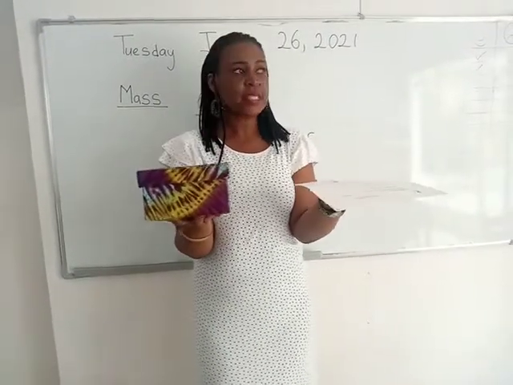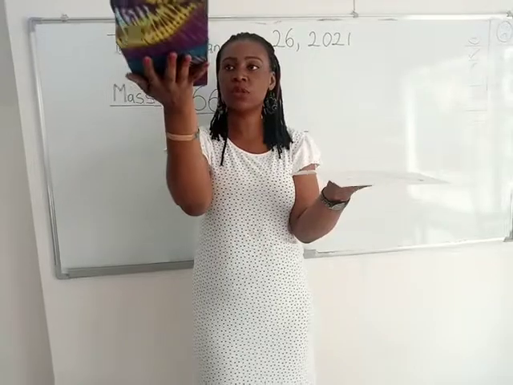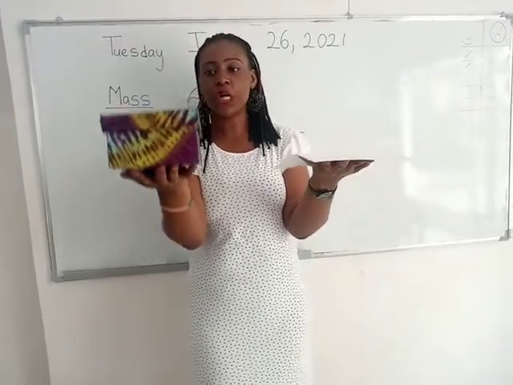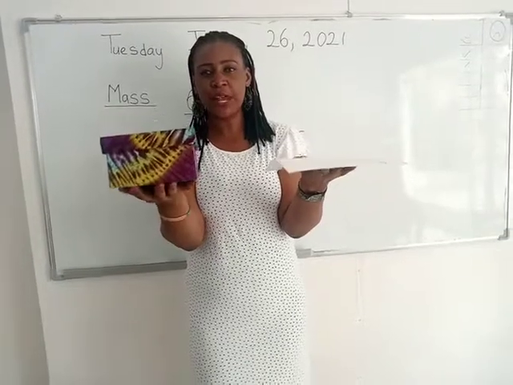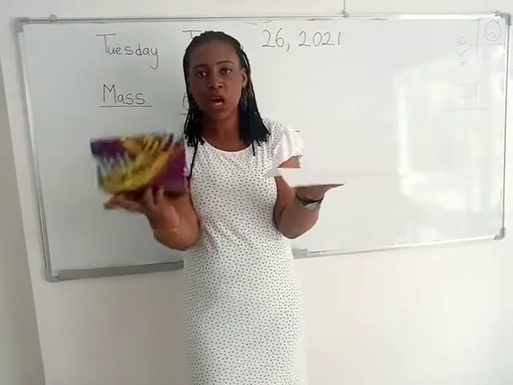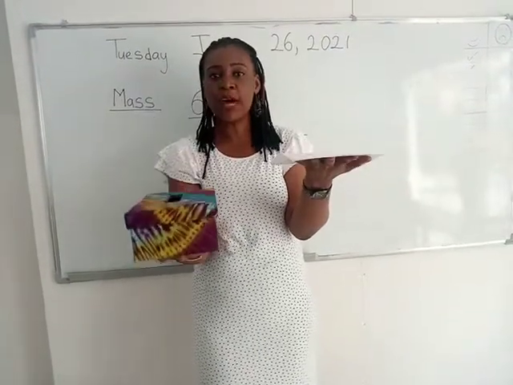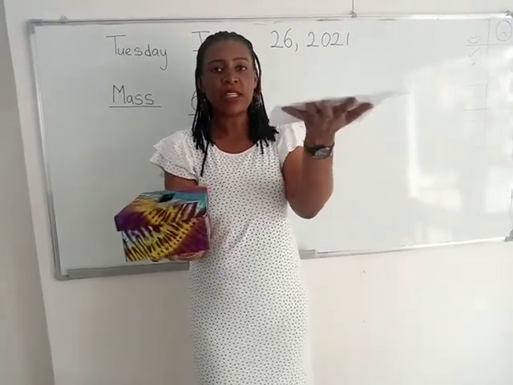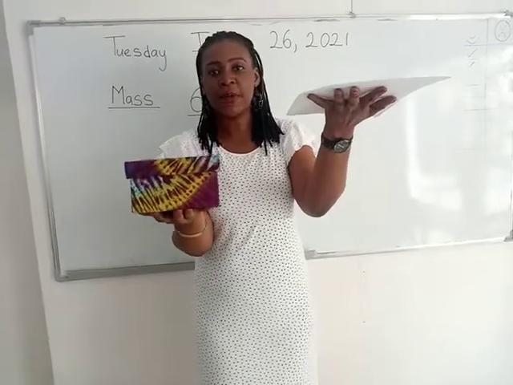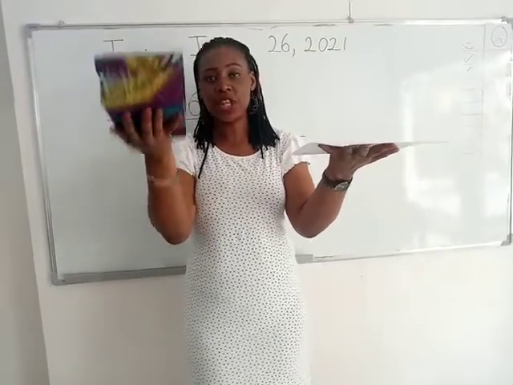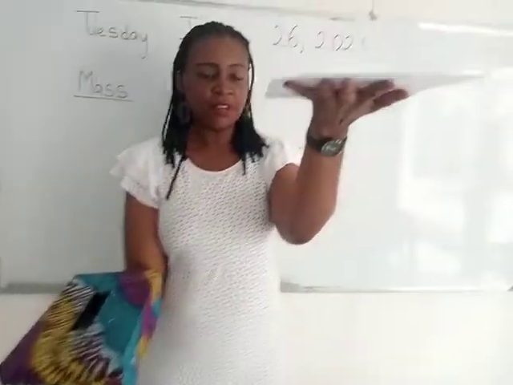You will notice that the hand on which you have this box goes a bit lower. You can feel the weight of this object pulling down your hand, making the lighter part go up while the heavier part goes down. So we will say that the box of tissue is heavier and the piece of paper is light.